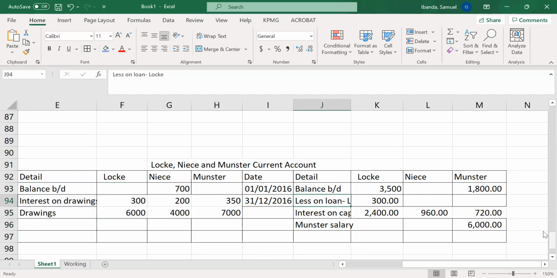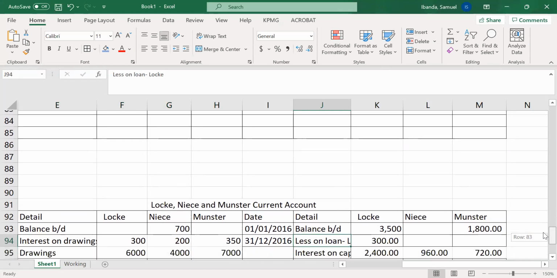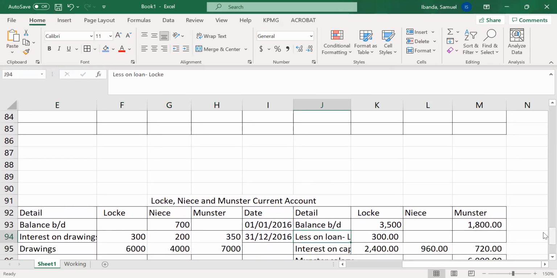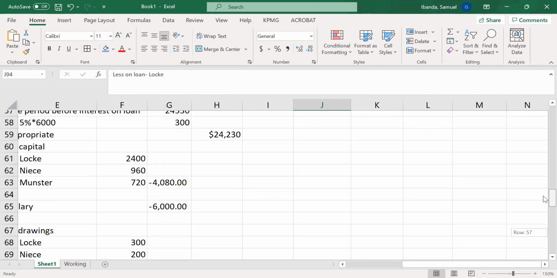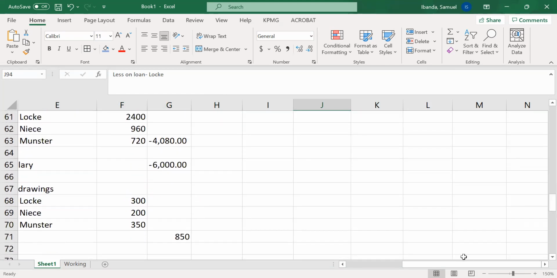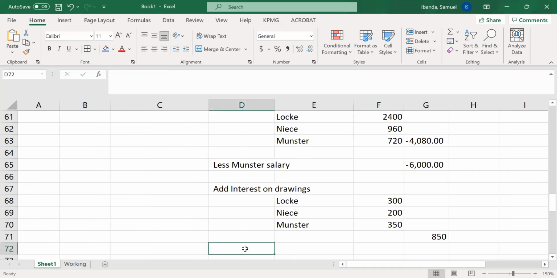Now, if we have exhausted whatever enters this account and whatever enters the capital account, then we have to now determine our residual profits, okay? We have to determine our residual profits, on the assumption that we have recorded everything that needs to go into our appropriation account.